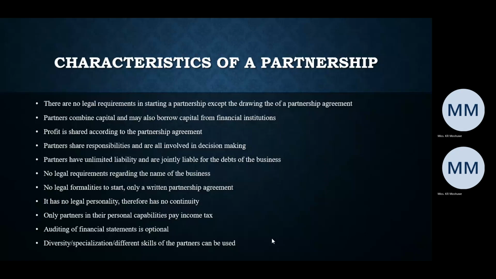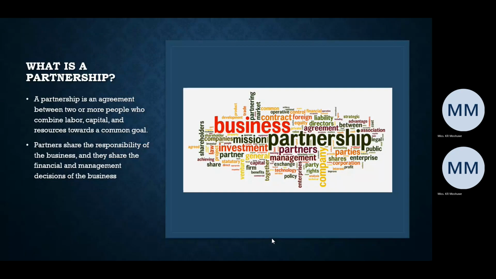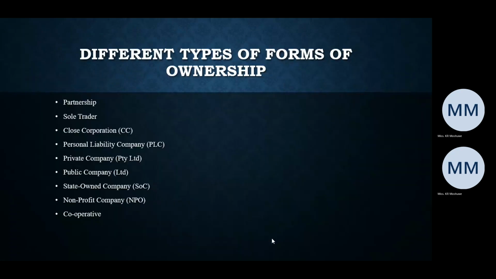Okay, there are no legal requirements regarding the name of the company. So when you have a company, let me take it back here. If you look at some of these forms of ownership, we have close corporation, whereby the company name needs to end with CC.